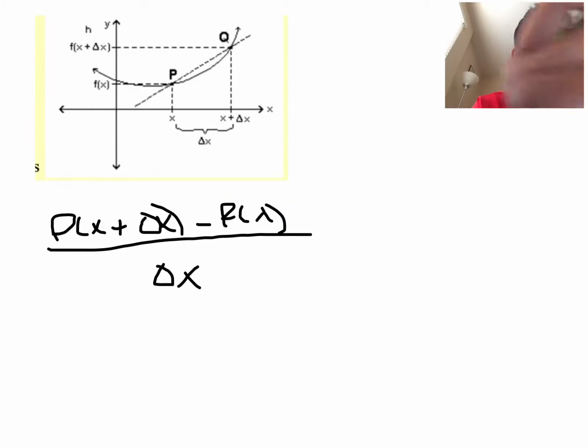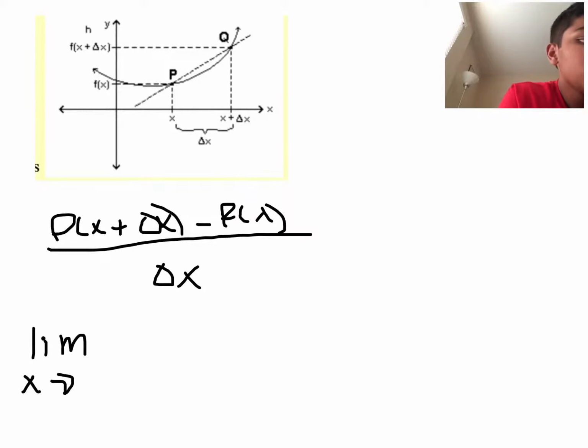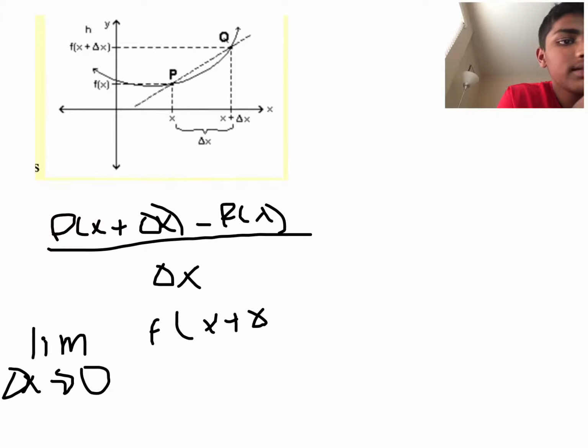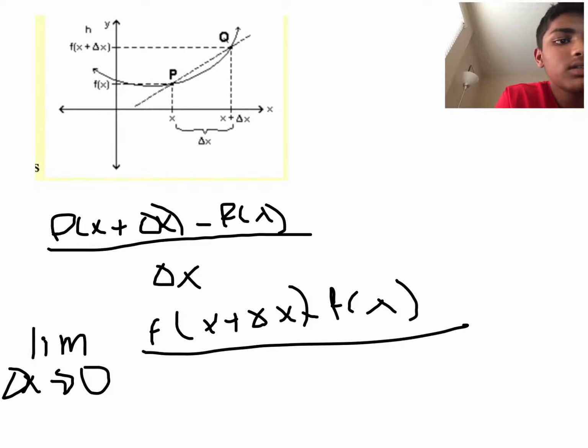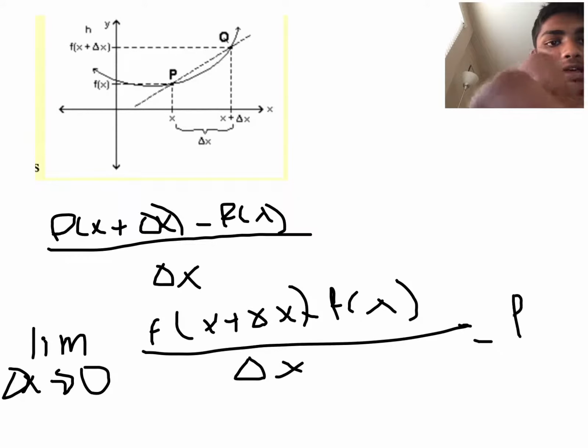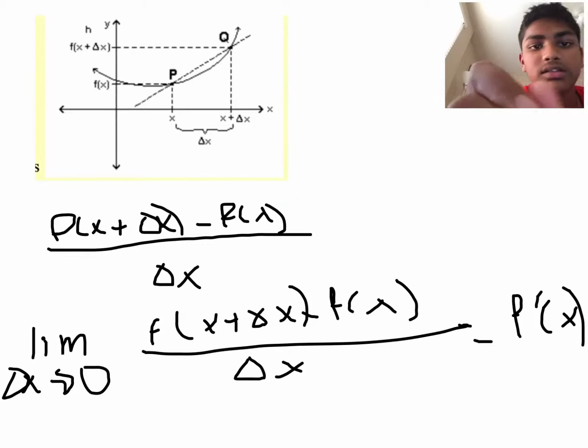To get the tangent line, we need to move Q and P closer together in order to get the tangent line at x. So we let delta x go to 0, therefore getting the limit as delta x goes to 0 of f of x plus delta x minus f of x over delta x, which is equal to f prime of x, the slope of the tangent line.